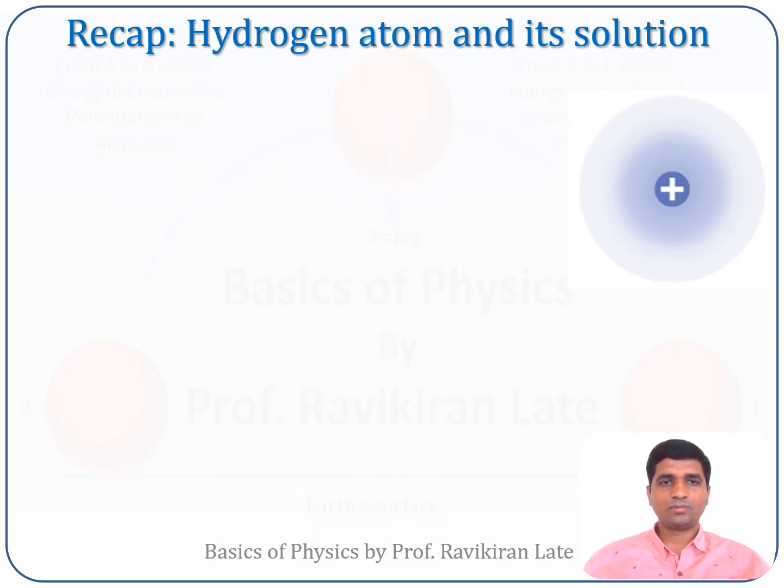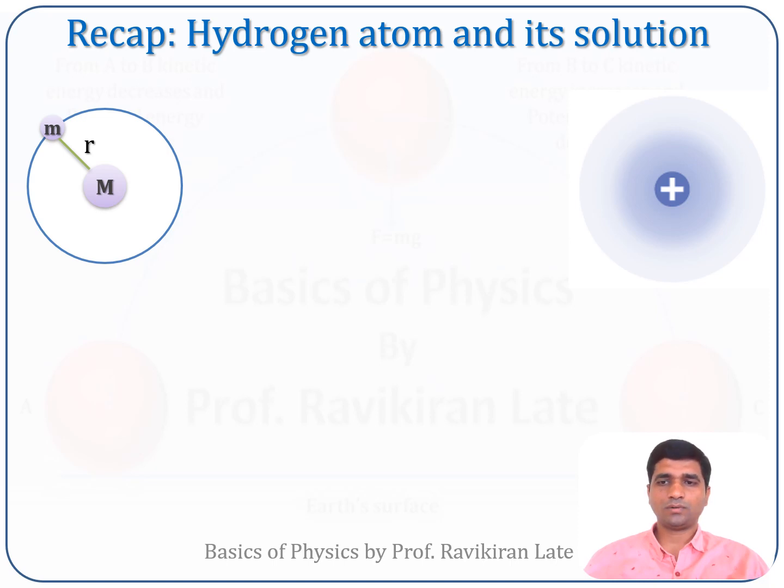In the first part of our today's lecture, we will be discussing the hydrogen atom solution and its implication. So all of us know that quantum mechanically we had seen the hydrogen atom consists of a positively charged region, and this positively charged region is covered with a cloud of negatively charged electrons.